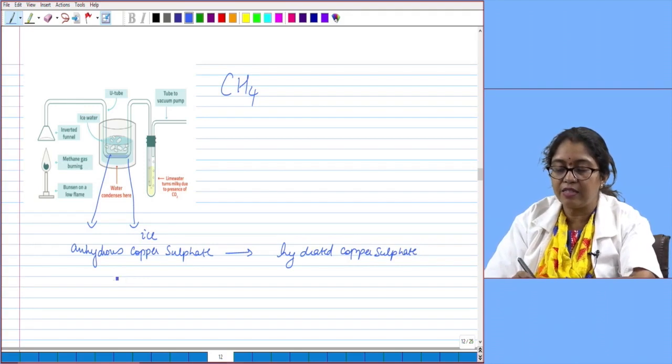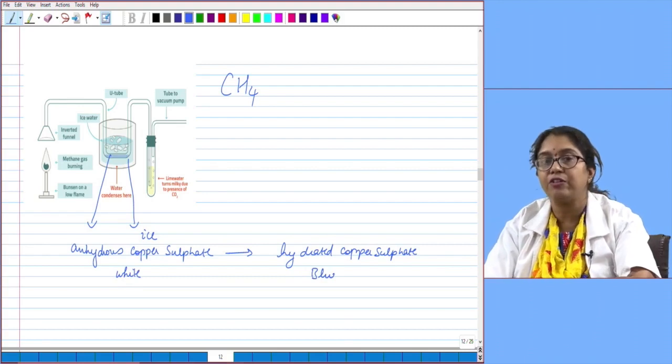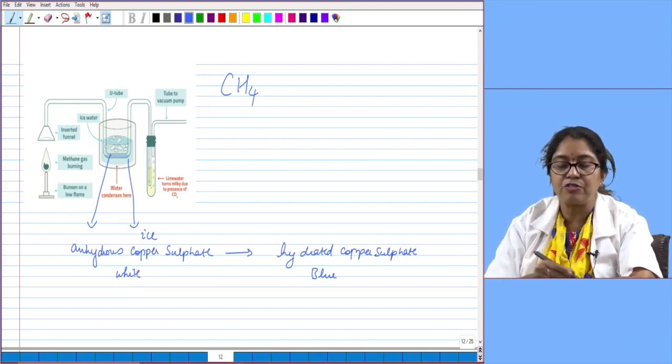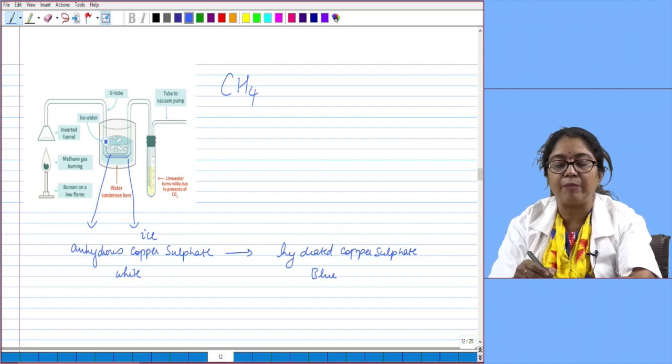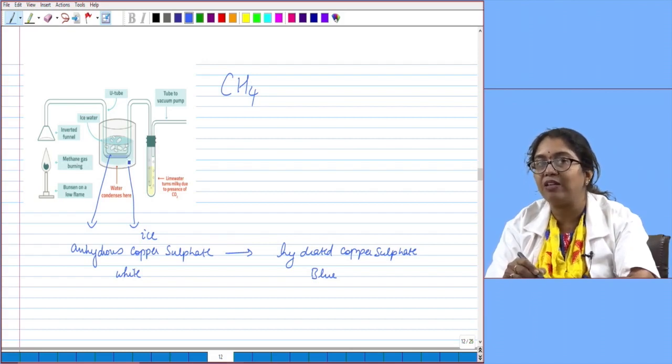It is white and changes to blue hydrated copper sulfate. So what happens here, children? When the gases come, the water vapor condenses because of the cold ice present in the beaker, and this condensed water combines with the anhydrous copper sulfate, which is white, and changes into blue crystalline hydrated copper sulfate.